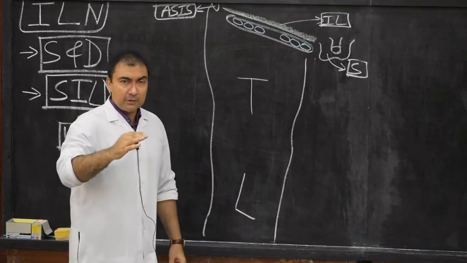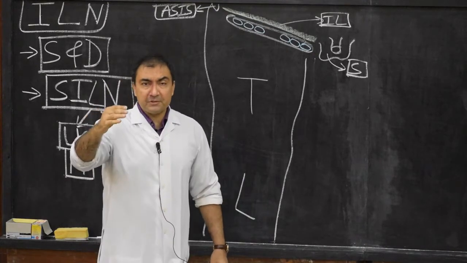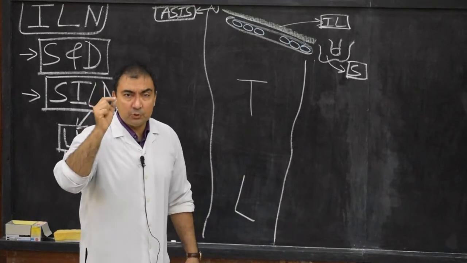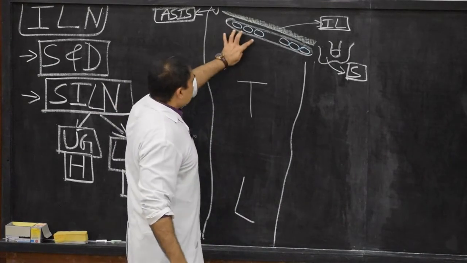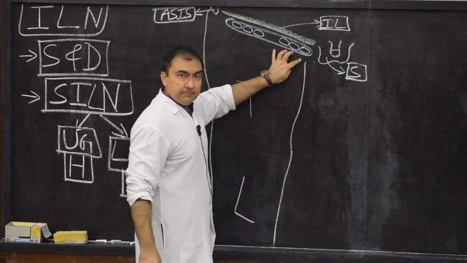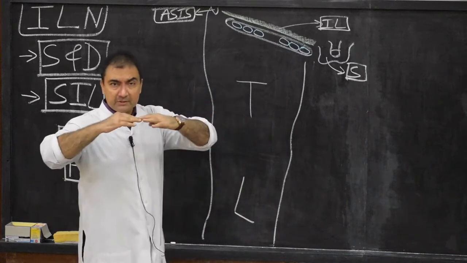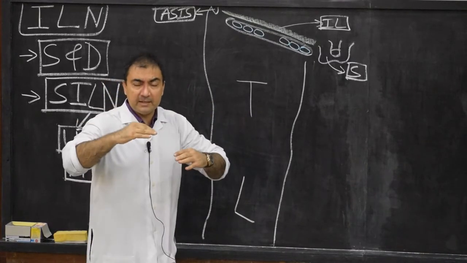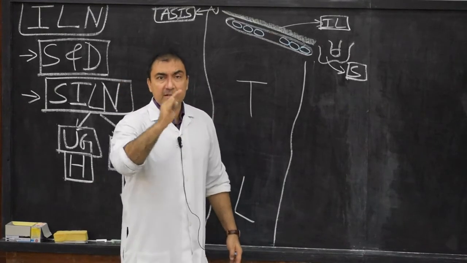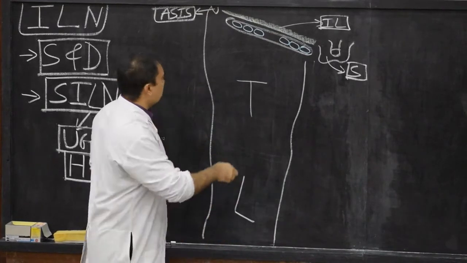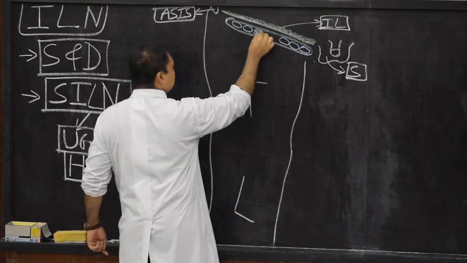Here I have shown each group containing 3. So the upper group of superficial inguinal lymph nodes will total around 5 to 6 lymph nodes, here 3 and 3. This upper, horizontal group lies just below the inguinal ligament, and is divided into lateral and medial groups.